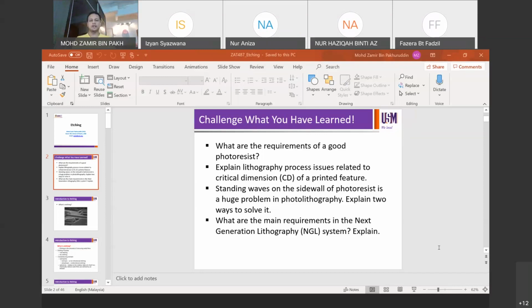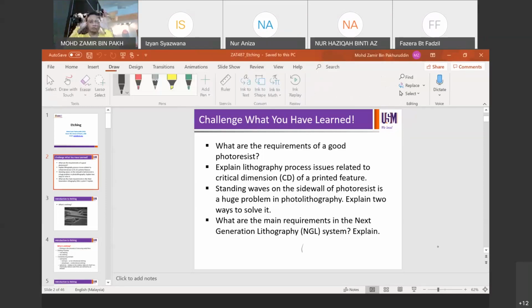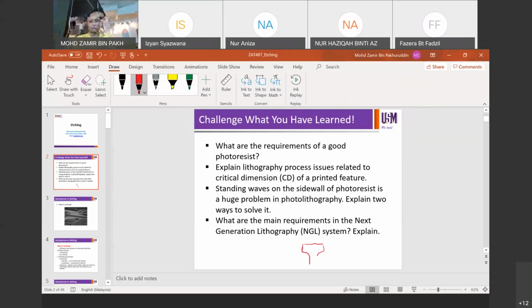Depending on whether you look at the top or the highest point, it is actually a form of LER, line edge roughness. It's a huge problem in lithography.